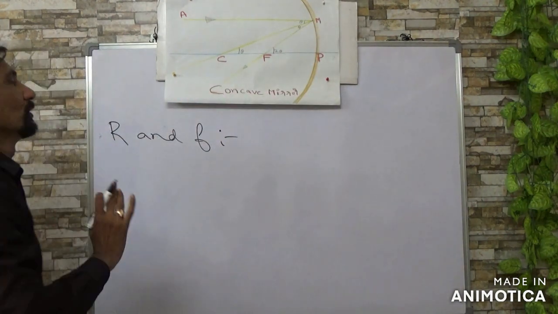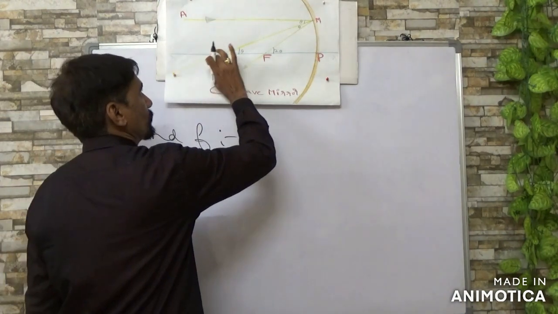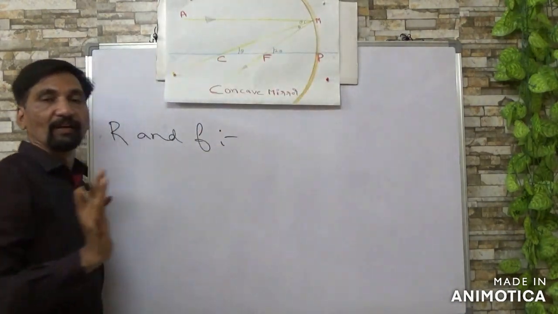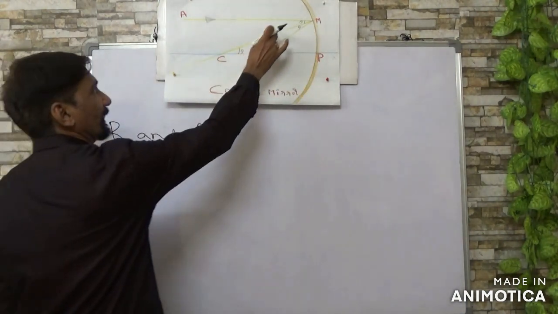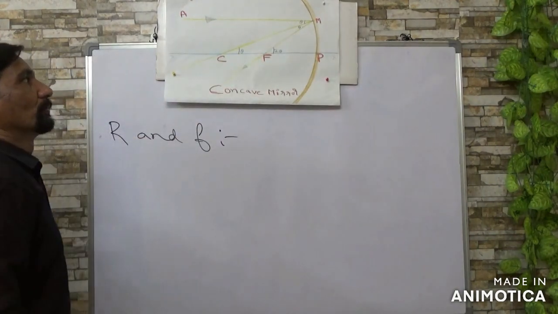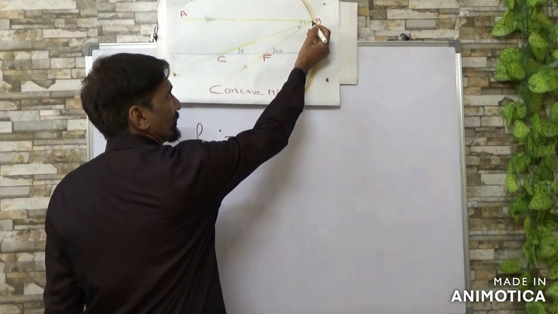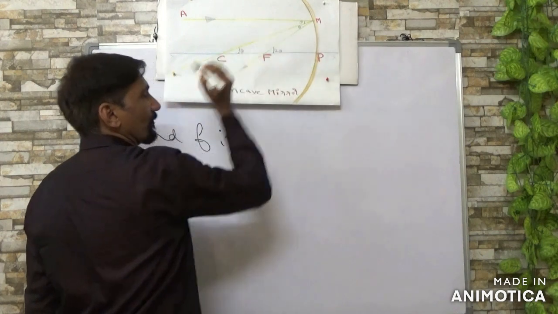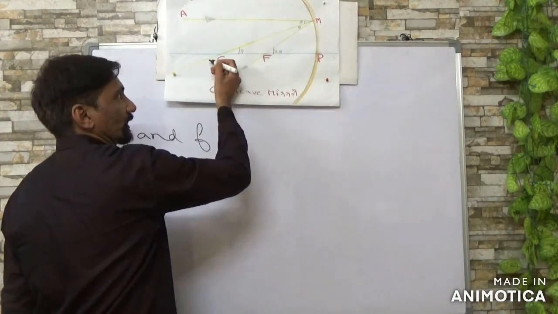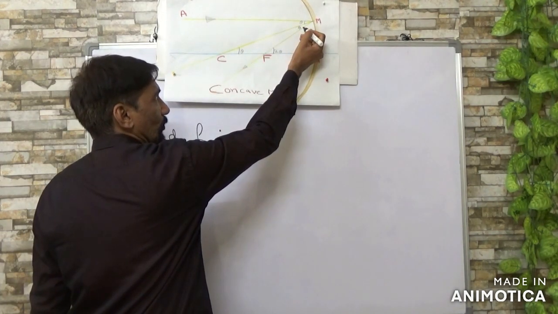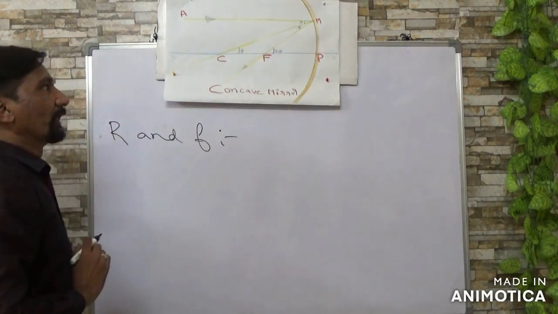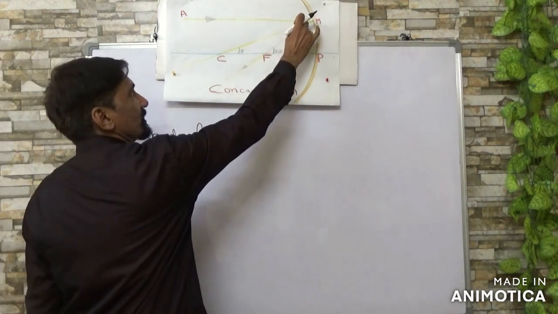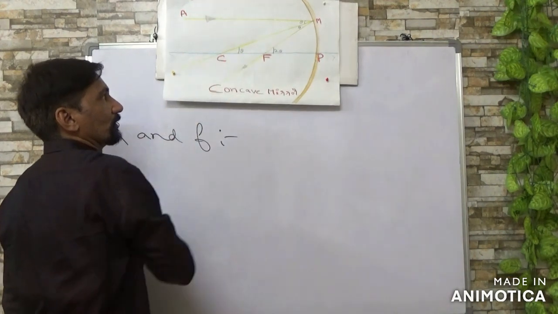And you also know when a light ray passes through the center of curvature, it will retrace the path again. This is incident at an angle theta. It is normal, so this angle is also theta. If this is theta, this is also theta.